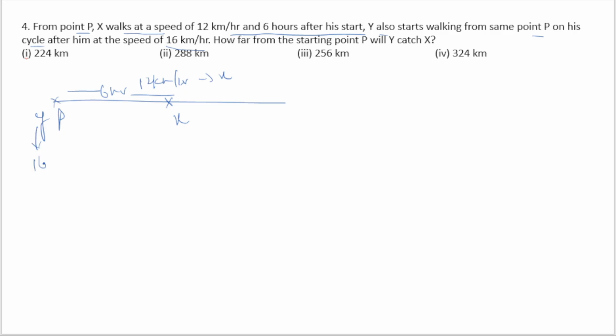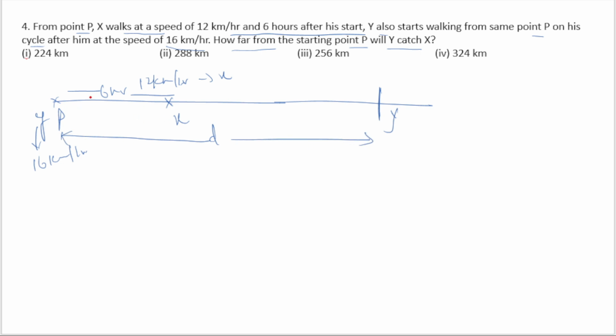Speed of Y is what? It is 16 kilometers per hour. How far from the starting point P will Y catch X? So there is one point when X and Y will meet. We will assume this is a point and we have to find what this distance is. How far is this distance from the starting point P?